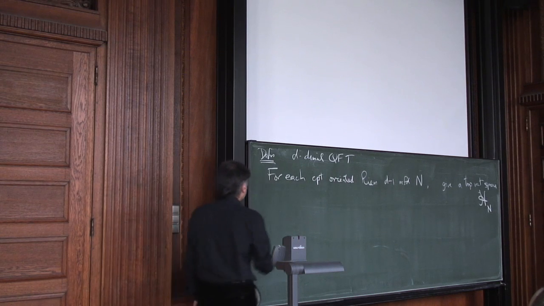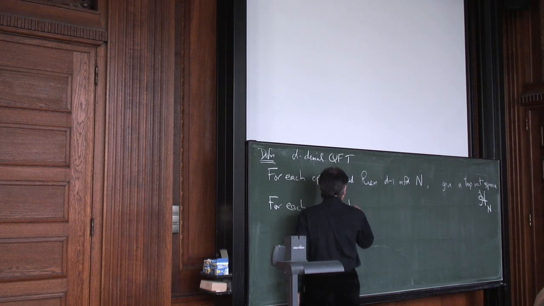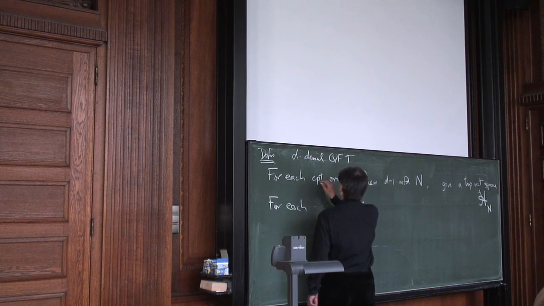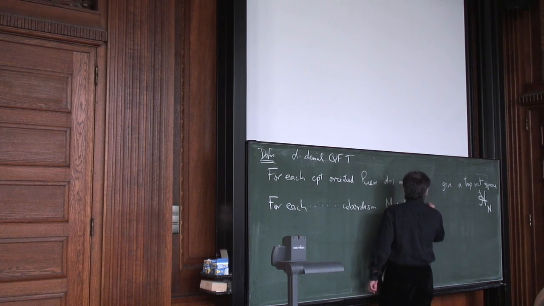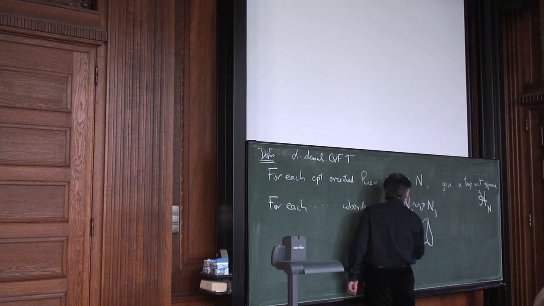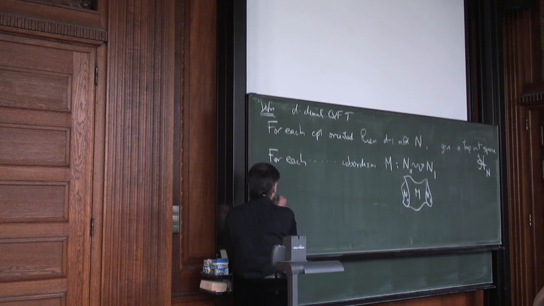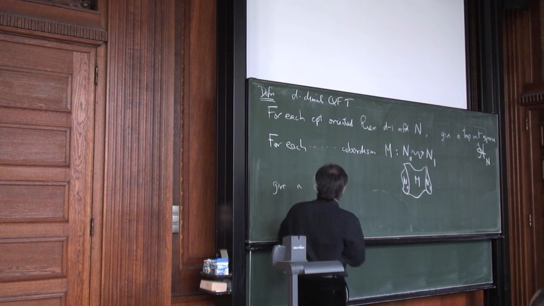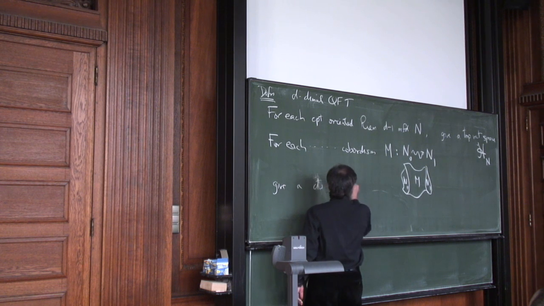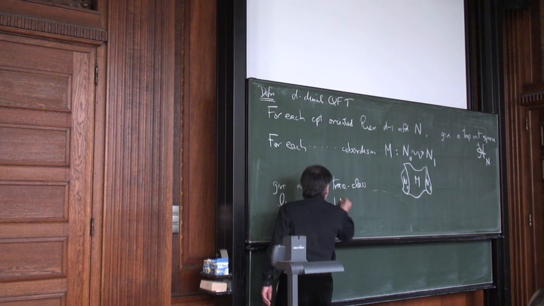And for each cobordism M, compact Riemannian, and I'll write it sometimes like this, just to indicate that M is meant to be some kind of cobordism between a manifold M0 and a manifold M1, we give a continuous trace class linear map U_M.